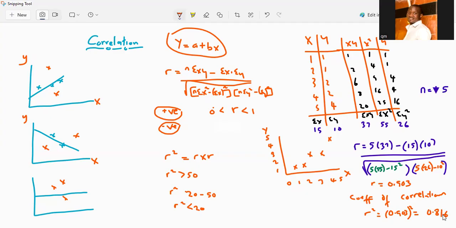It means 81.16%, just multiply by 100. 81.16% of Y is due to X. Y is the result, X is the input. So we have what we call the independent variable and the dependent variable.